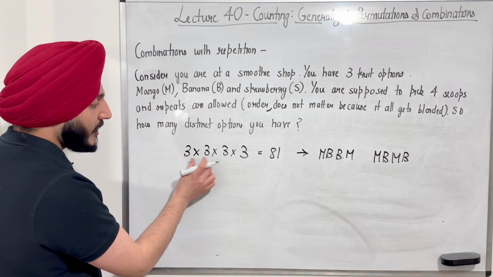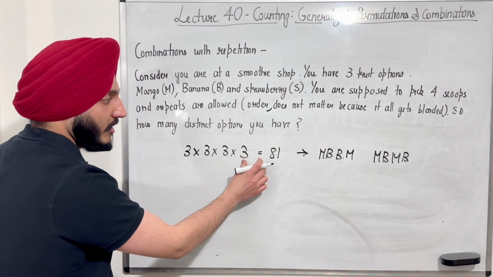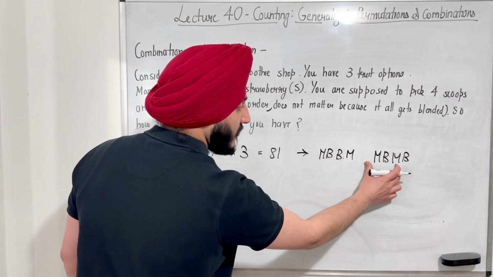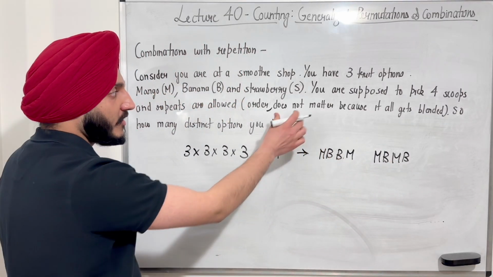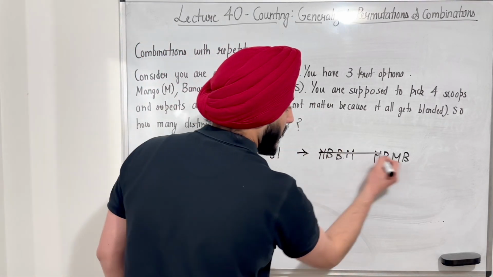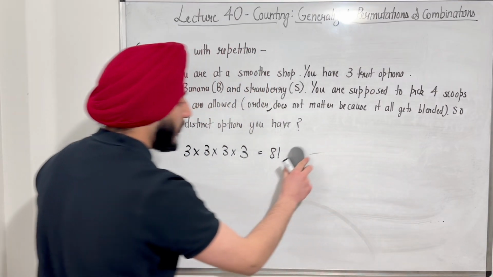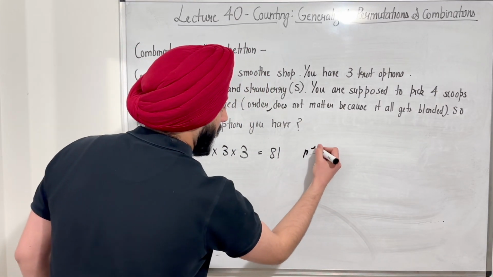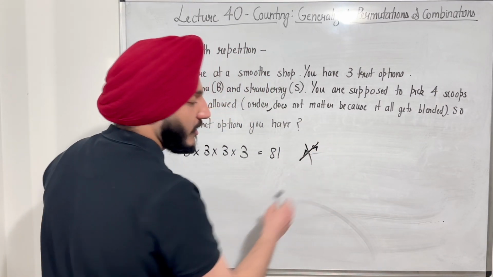So if you do 3 multiplied by 3 multiplied by 3 multiplied by 3, it's considering both of these options as different. But in our case, we are saying the order does not matter. So we cannot let this happen. Hence, this formula of n to the power r would be incorrect in our case.